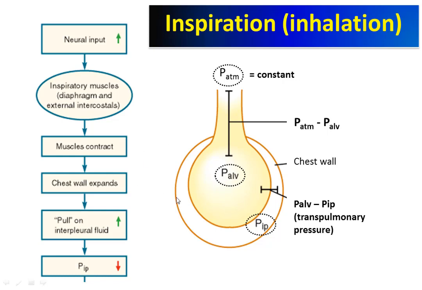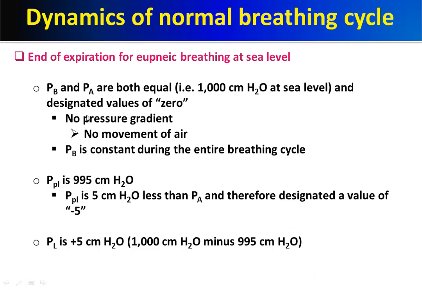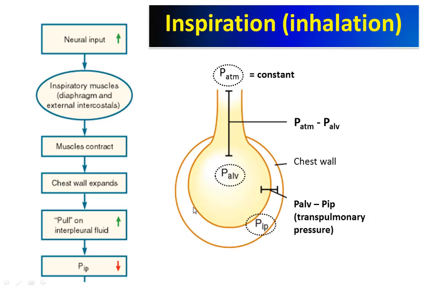The volume of the pleural sac increases, and because of the increase in volume, the pressure inside the pleural sac becomes even less. So now the transpulmonary pressure, which was just 5 at the end of normal resting expiration, is now something like, say, positive 8, because the intrapleural pressure is now negative 8.